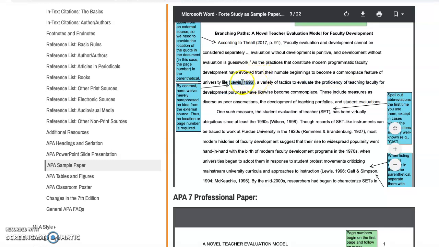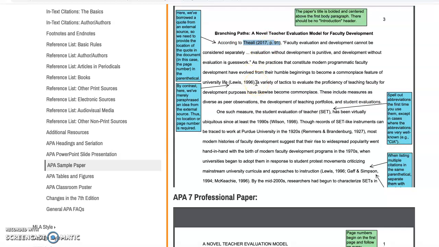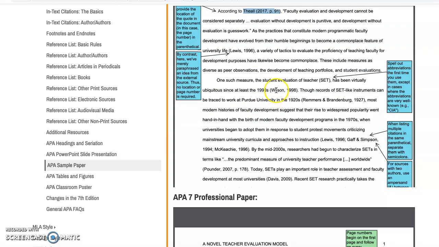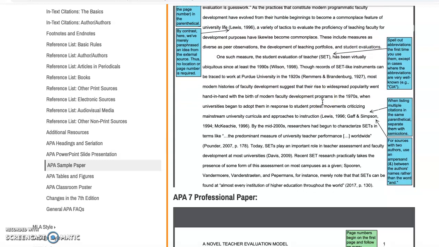Parenthetical citations include the last name of the author and the date, and page number if there is one. In-text citations include that same information, but notice it comes at the beginning rather than at the end of the sentence. You'll also notice that it's in parentheses, hence the name parenthetical documentation. And you'll see those all throughout. So here's another parenthetical, more parenthetical.